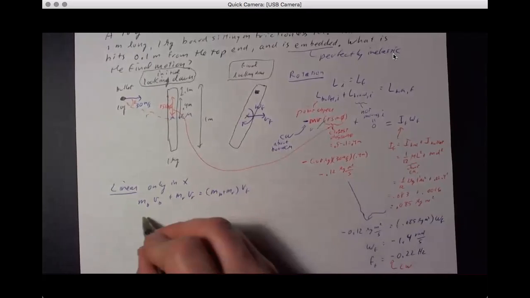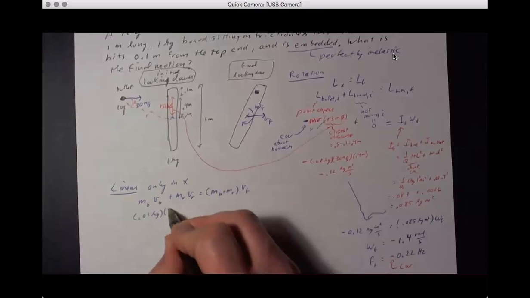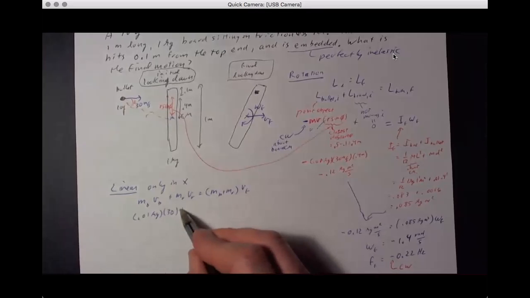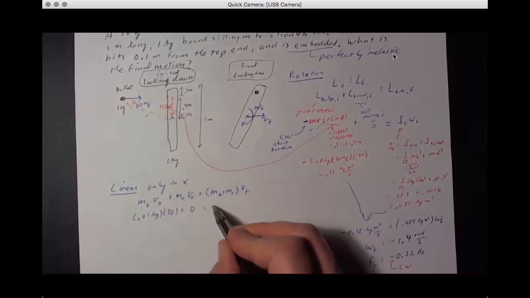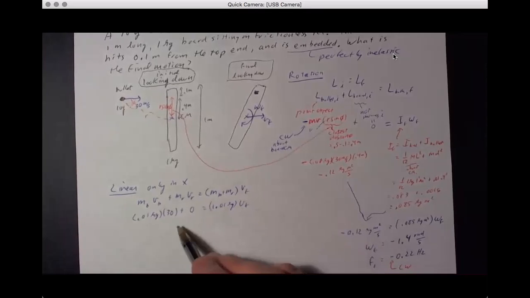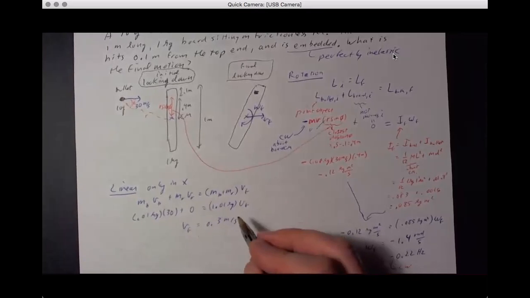Plug in the numbers, 0.01 kilogram times 30 plus 0 is equal to 1.01 kilogram times v final, and you divide both sides, but this 30 times that is 0.3, so v final is equal to 0.3 meters per second, and that's in the plus x direction.